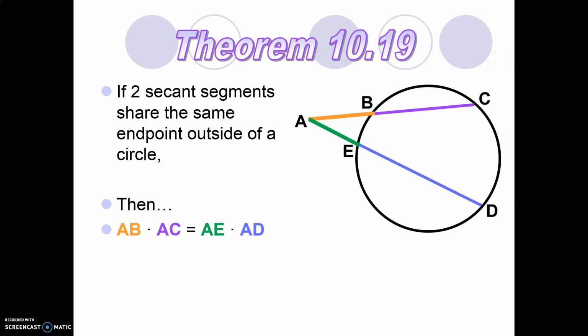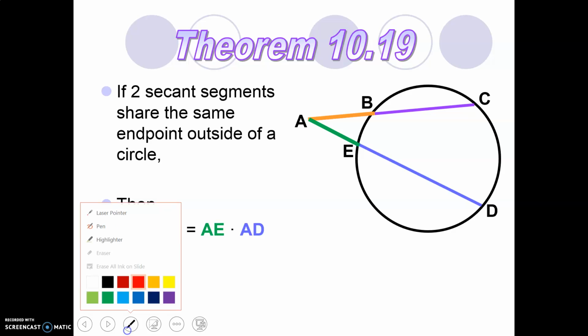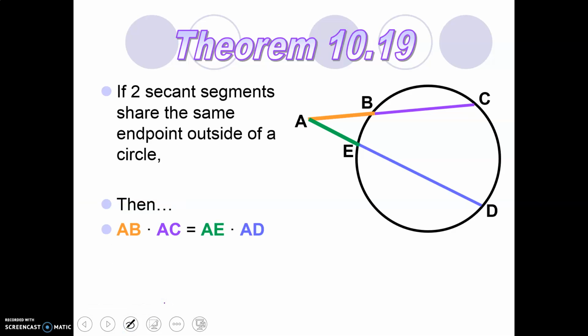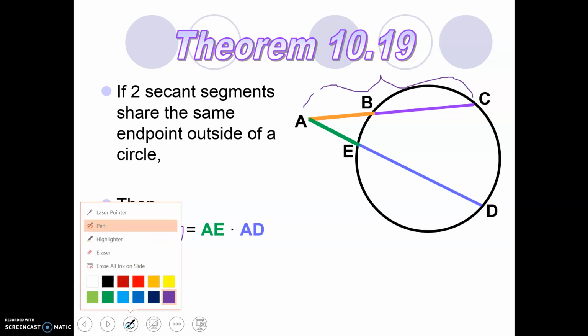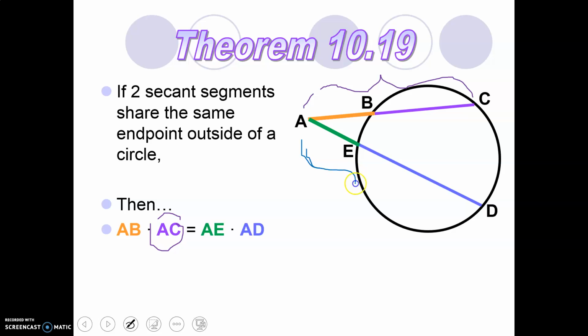Here it says if two secant segments share the same endpoint outside of a circle, then AB, the part in orange, times the entire secant segment AC, is equal to AE, the external portion of the other secant segment, times the entire secant segment AD. Another way to think of it is outer times whole, outer times whole.